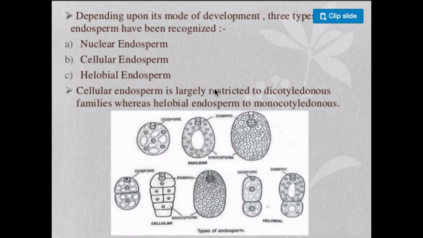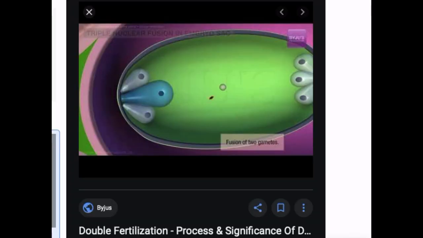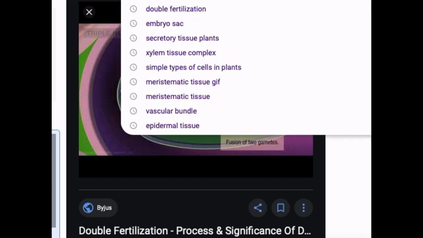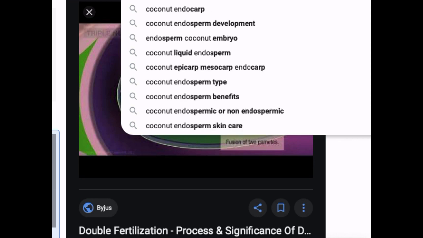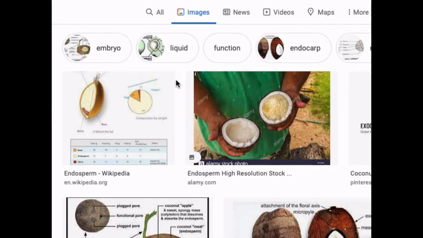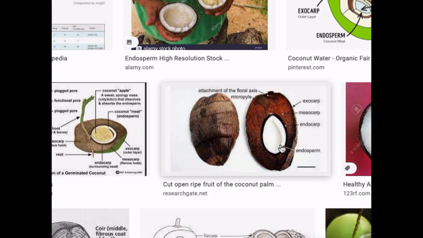Before I go into detail, I just want to explain that there are certain plants where you can still see the endosperm. Most of the time you will not see the endosperm. But one example of a plant where you can see the endosperm is the coconut.